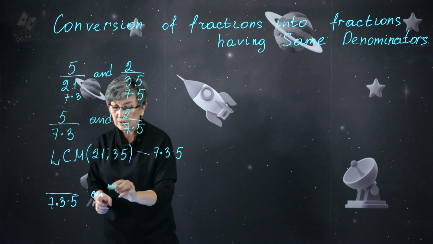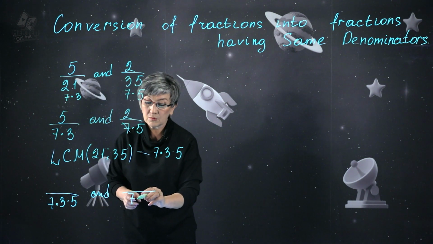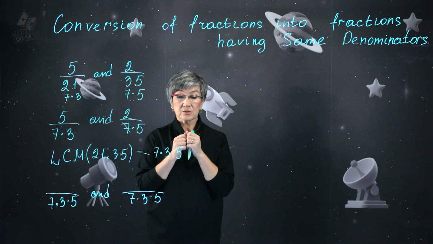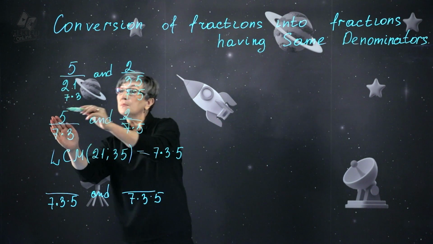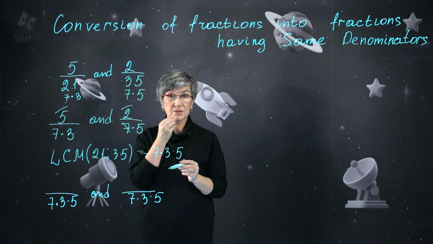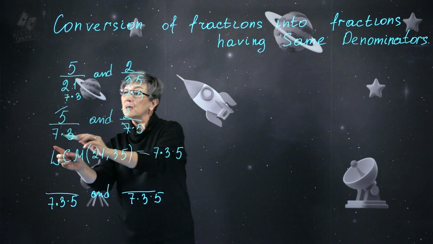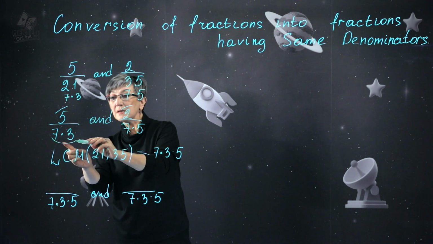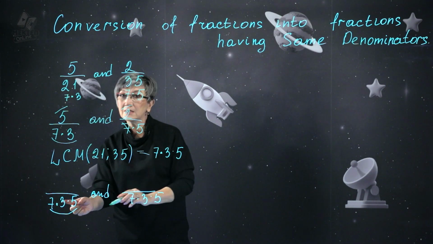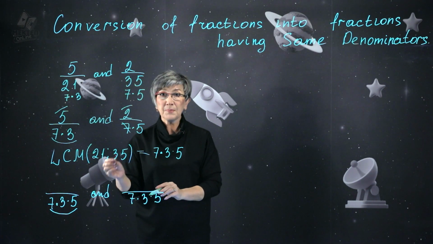In this case, I will have the denominator 7 times 3 times 5. What's so convenient about this method? The thing is, I need to find the extra factors. Please pay attention. The first denominator was 7 times 3, and it became 7 times 3 times 5.